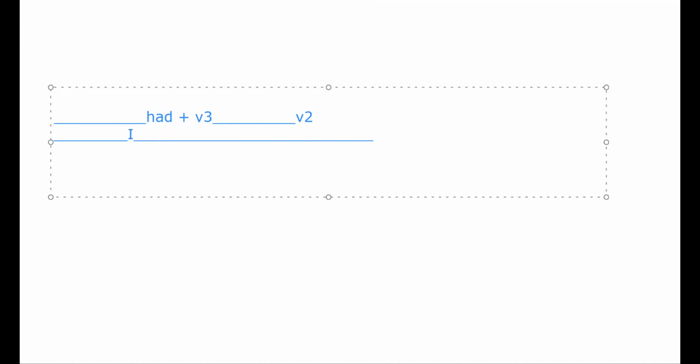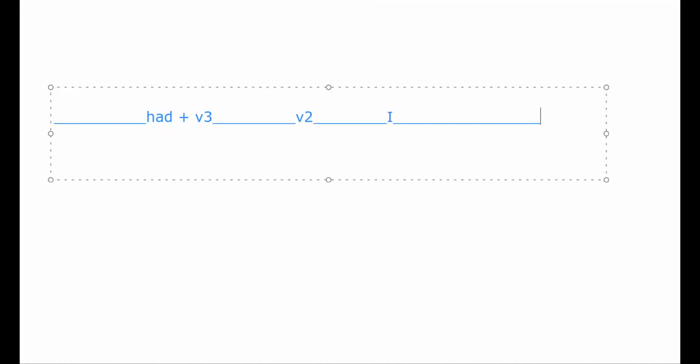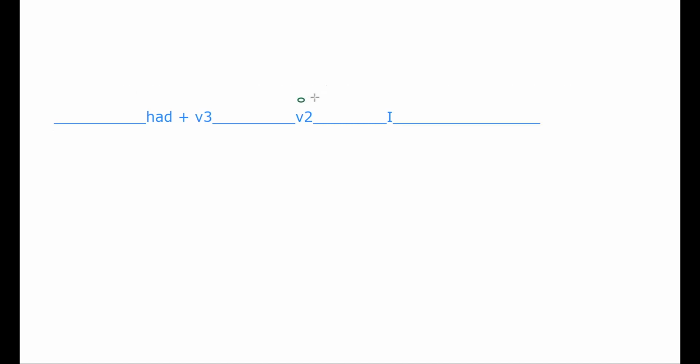And had plus V3, and some action happening at the same time, okay? Same time, like this. Something is happening here. This is was, were plus V1 plus ing form.